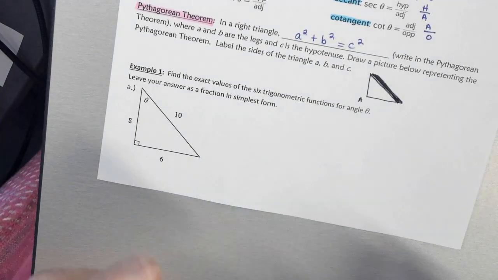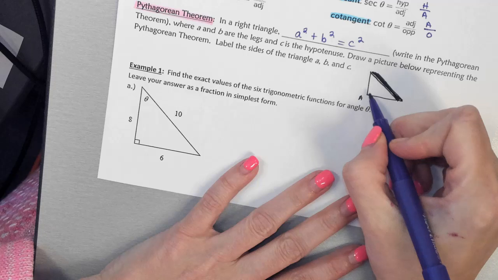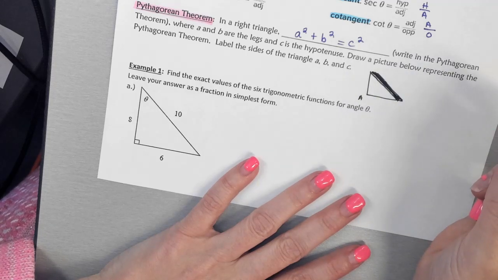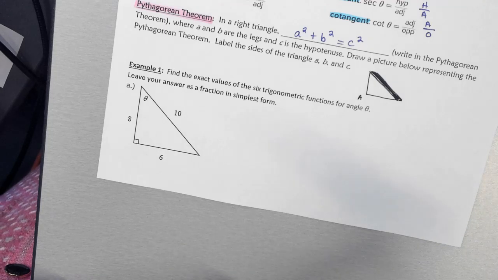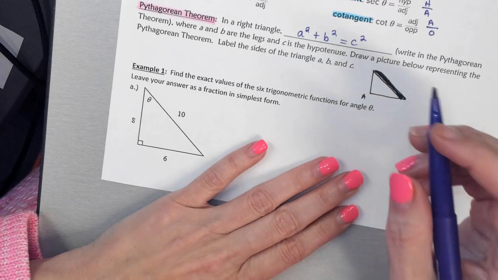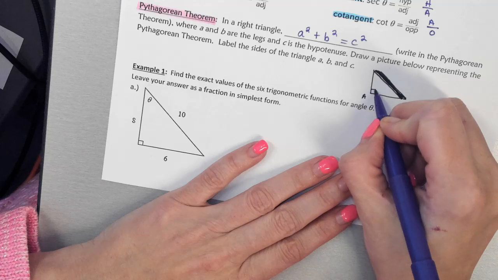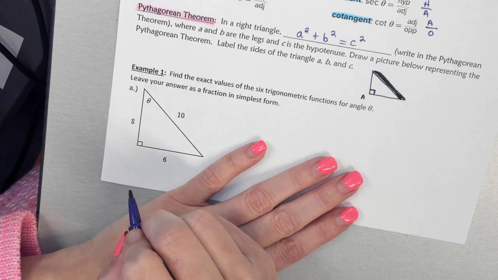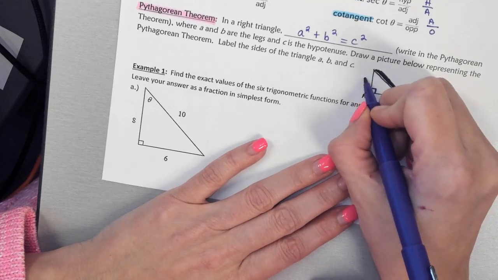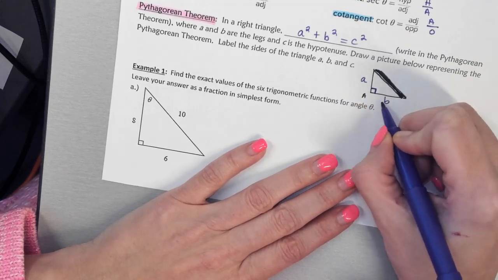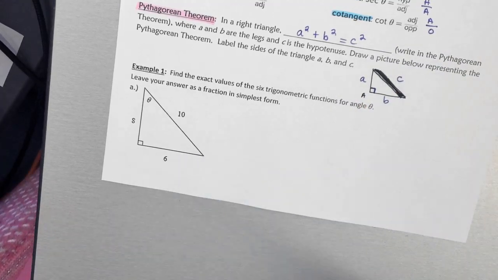Okay, so it does not matter which one you call a and b. Did I just label that a? Okay, and so don't put the a there. Your a can be this side or it can be this side. We're going to label it a, b, c.